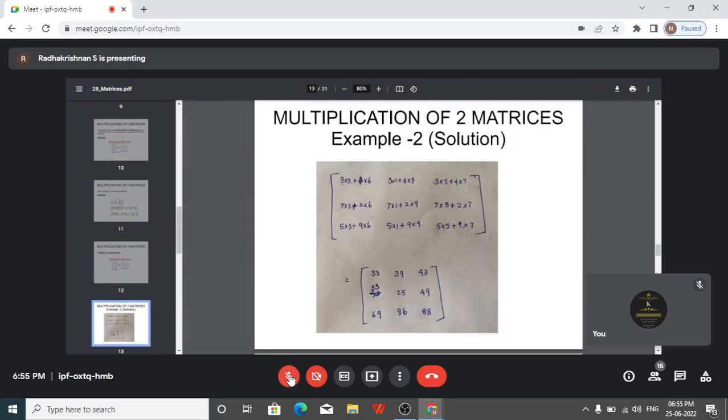Okay. So and final answer வந்து 33, 39, 43, 33, 25, 49, 69, 86, 88. Samita, you can now check whether you got the same values.